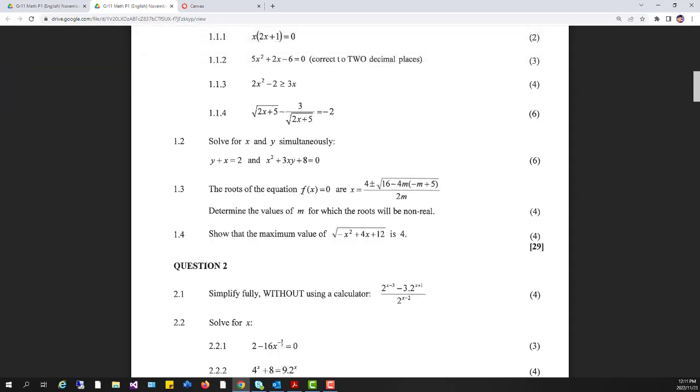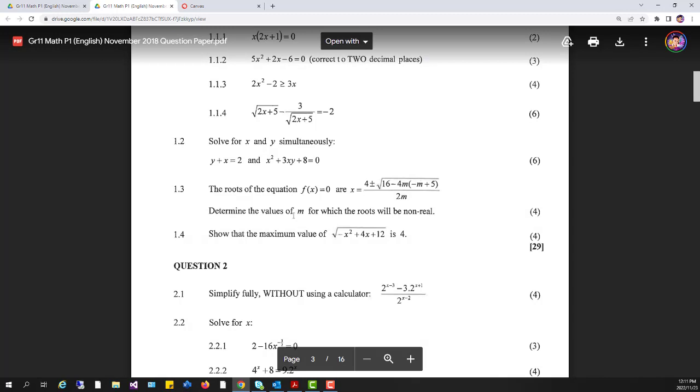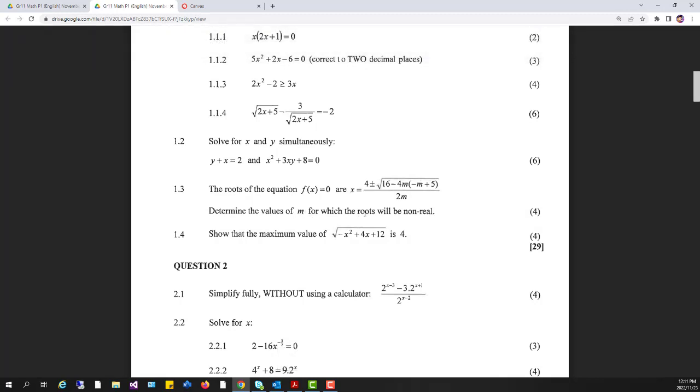The roots of an equation f of x equals 0 are given, they've used the quadratic formula to find that expression. Determine the values of m for which the roots will be non-real.